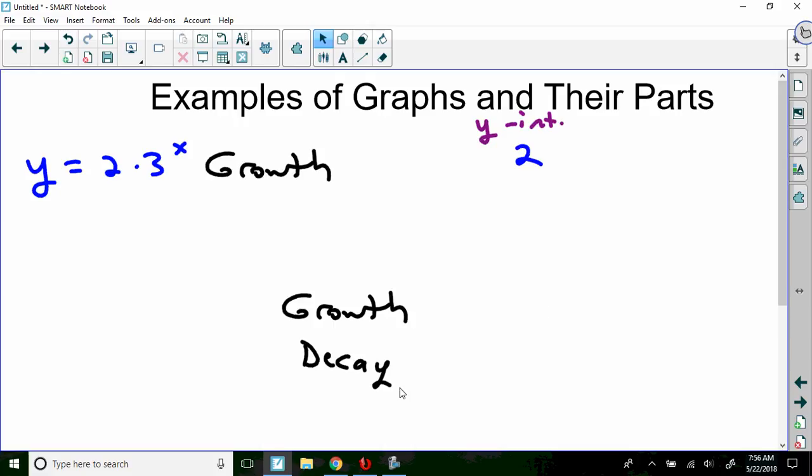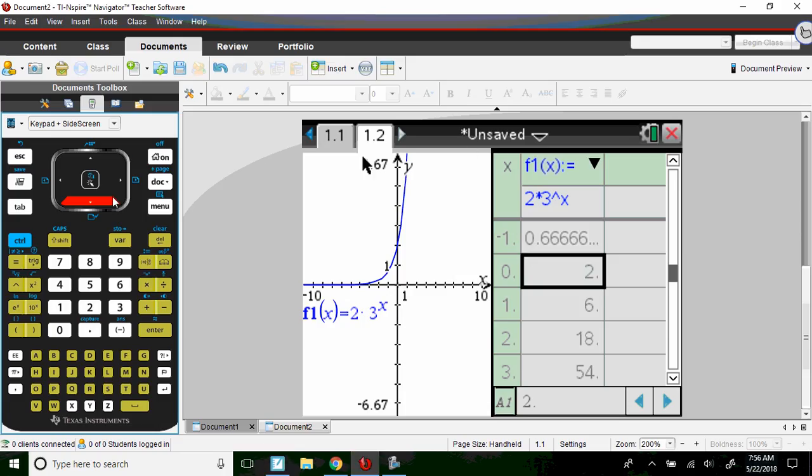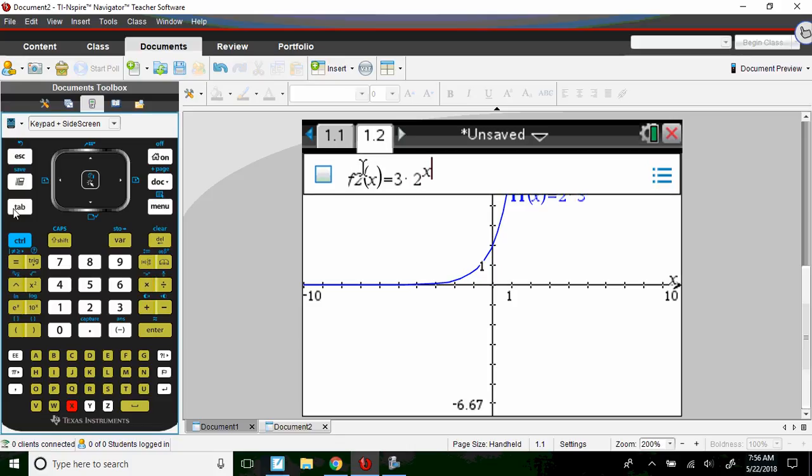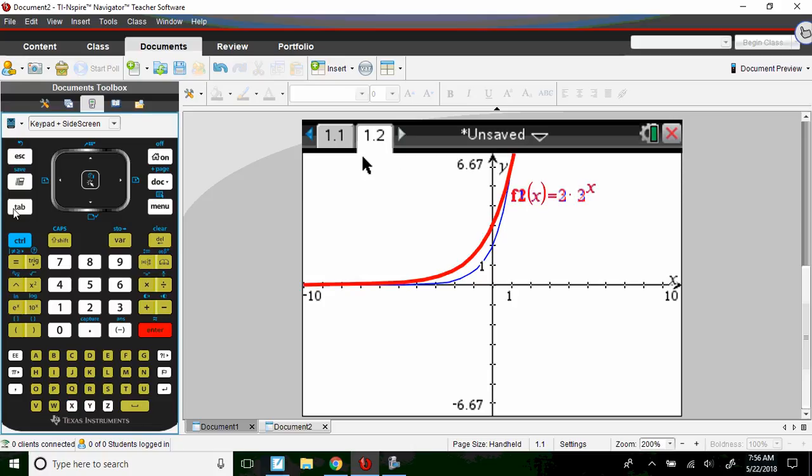So let's look at another one. Let's just switch the a and the b around for a minute. So I'm going to get rid of my table. I'm going to go ahead and just add a new function here. 3 times 2 to the x. So all I did was switch the a and the b around. So is this one growth or decay?